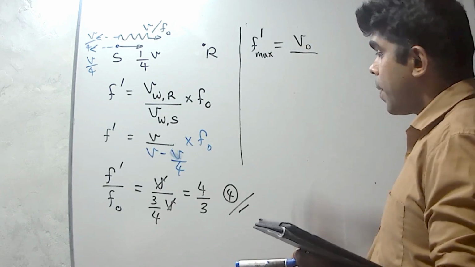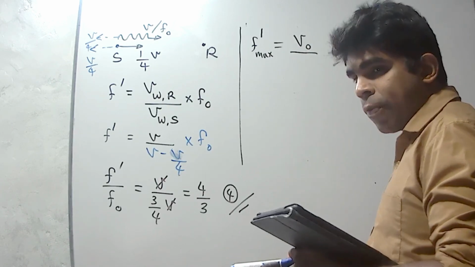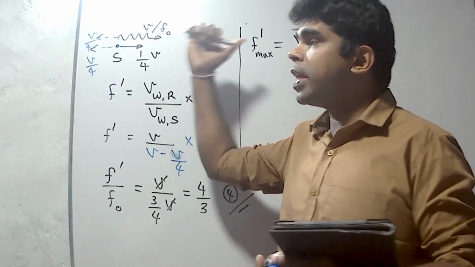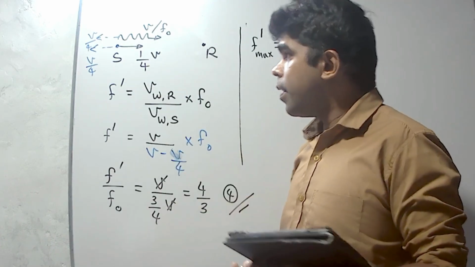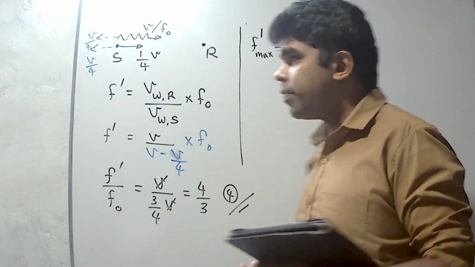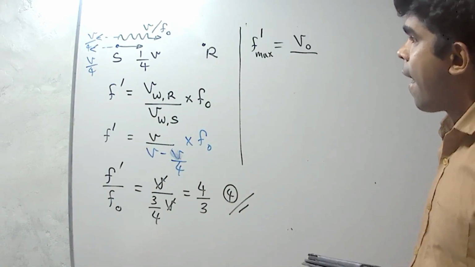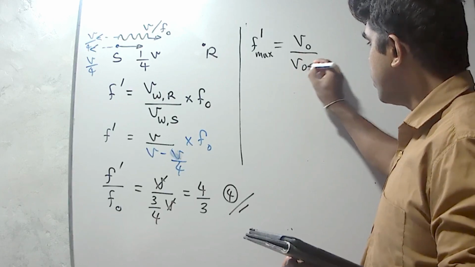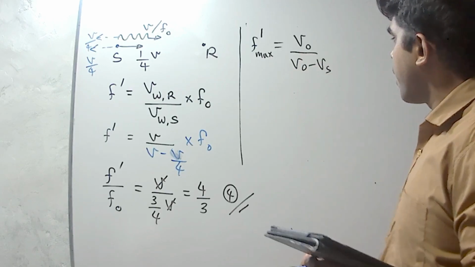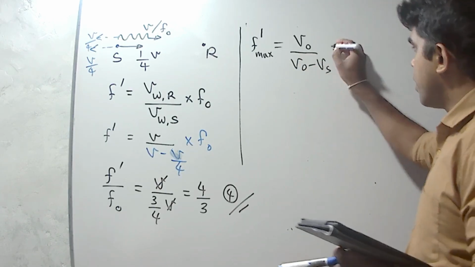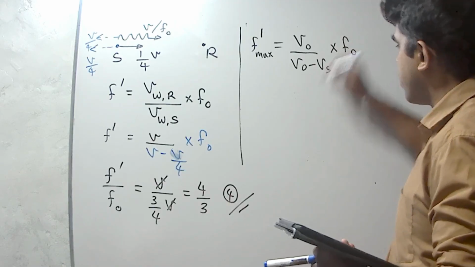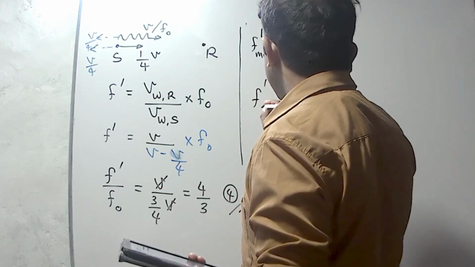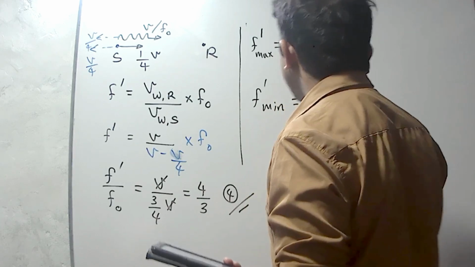Divided by the velocity of wave relative to the source. The source is moving towards the receiver like this. Therefore, we have to subtract the velocity of the source from the velocity of the wave, V0 minus Vs, multiplied by the actual frequency.